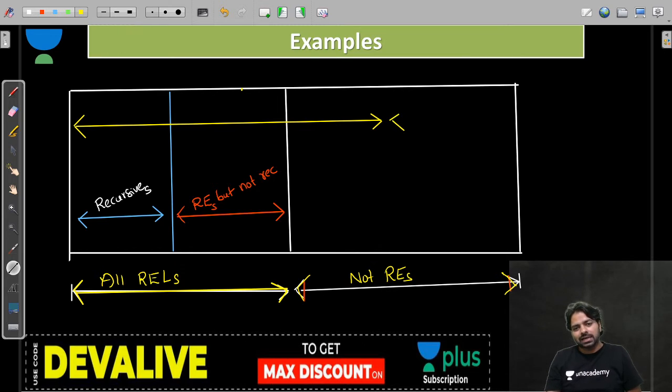And here the class is divided like this. Here these languages are countable languages, countable sets you can say. These are uncountable sets, uncountable languages.